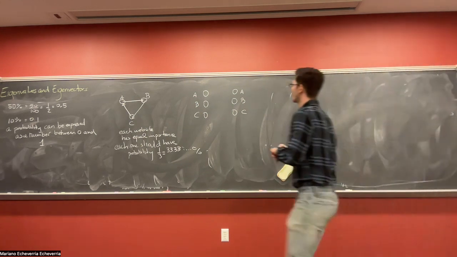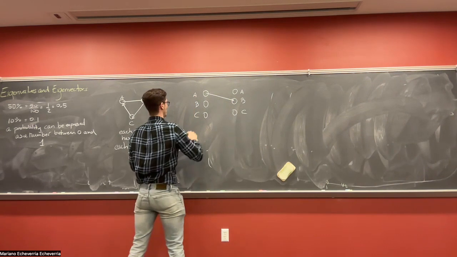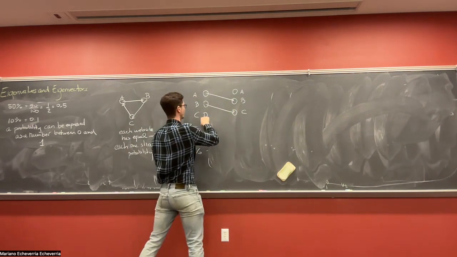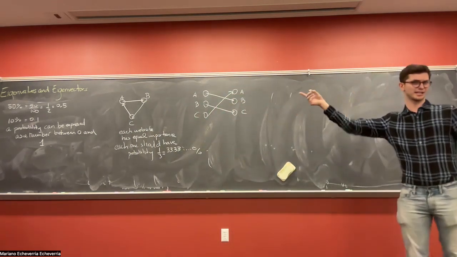There was a link from A to B, so I'll draw it this way. Then there's a link from B to C, so I'll draw an edge like this. And then there's a link from C to A, so I'll draw this. That encodes the same information as the original graph.